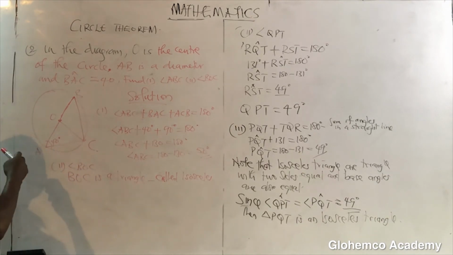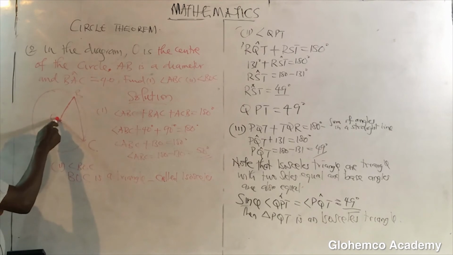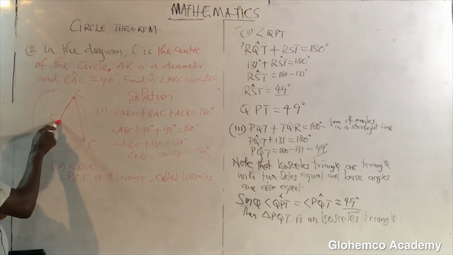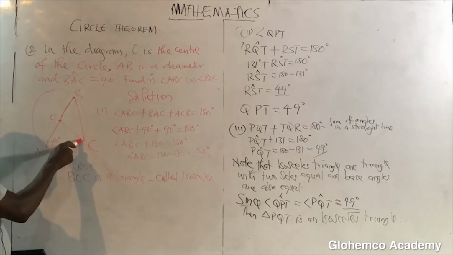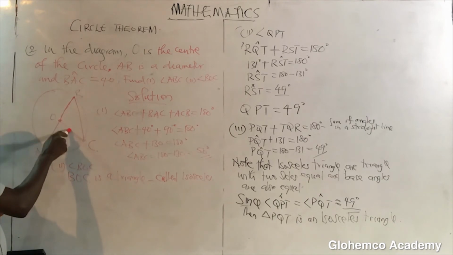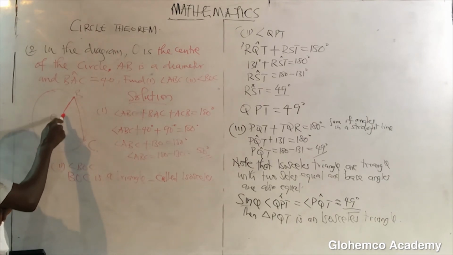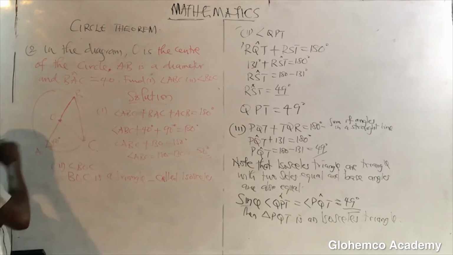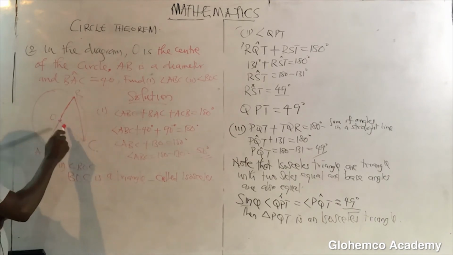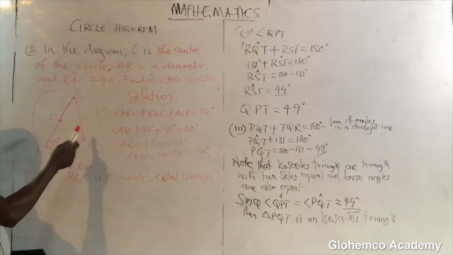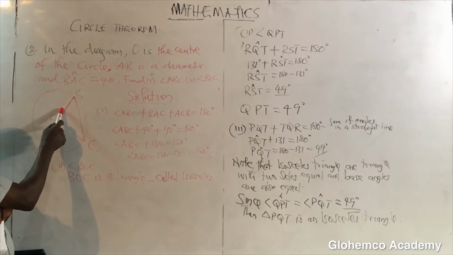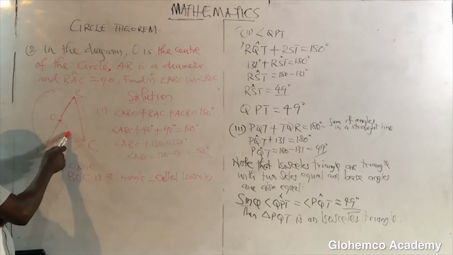It's clearly seen. If you look, BO is a radius, and OC is also a radius. Two sides are equal. This is a radius, this is a radius. If the radius is 10 centimeters here, this one will also be 10 centimeters.